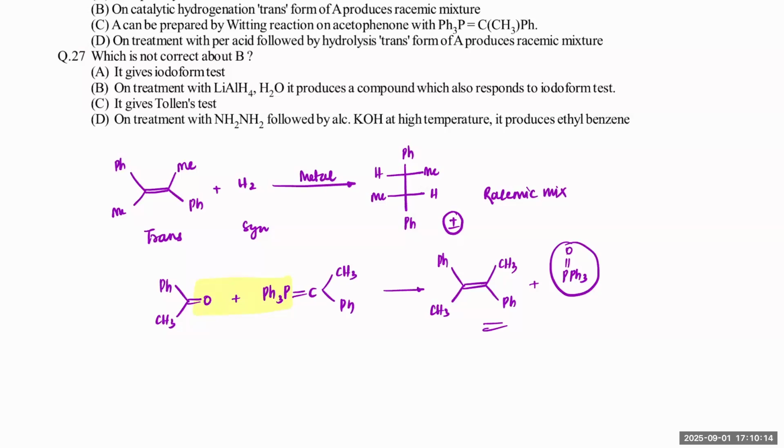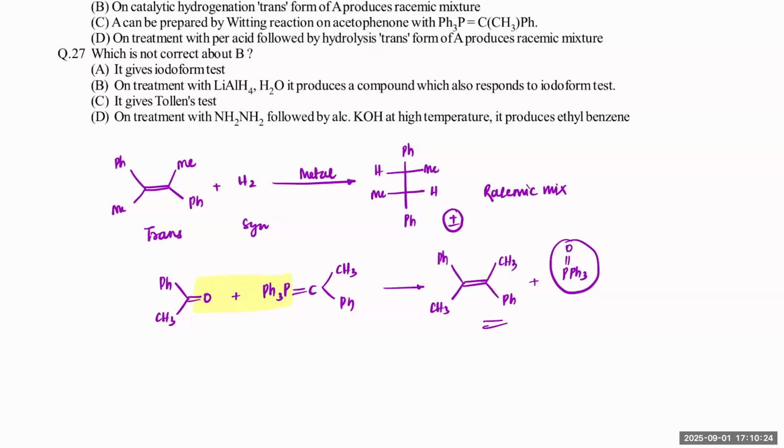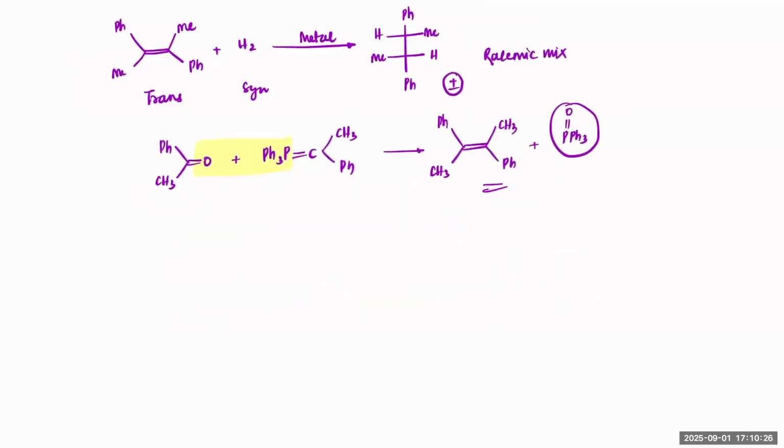Next. On treatment with peracid followed by hydrolysis, trans form of A produces racemic mixture. Okay. Suppose I take this same trans form and then react with a peroxy acid, PhCO3H. Peroxy acid will give you syn epoxidation.